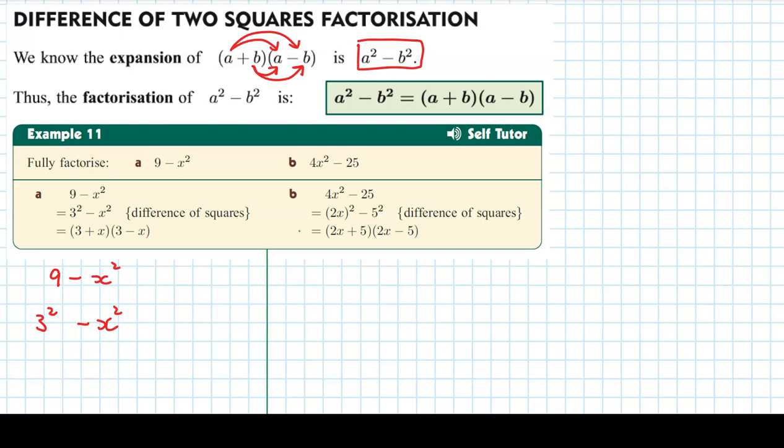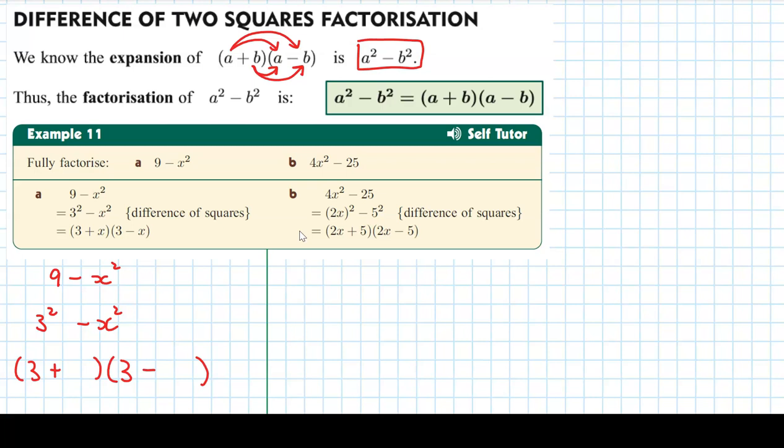So at that point, all we need to do in order to factorise that is, I'll start by putting my brackets. It's going to be a plus b and then a take b. In this case, the a is the 3, so I can put that on both sides. And then it's always going to be separated, plus on the left and minus on the right.